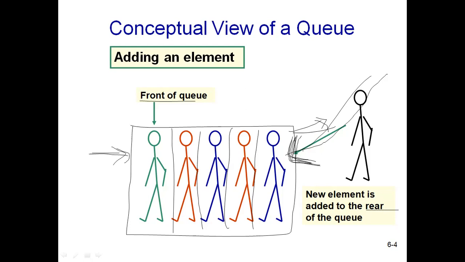Rear means the other side of the queue. So an element is inserted. Next, how to remove it? Removing is done from the front side of the queue. This is the front side.